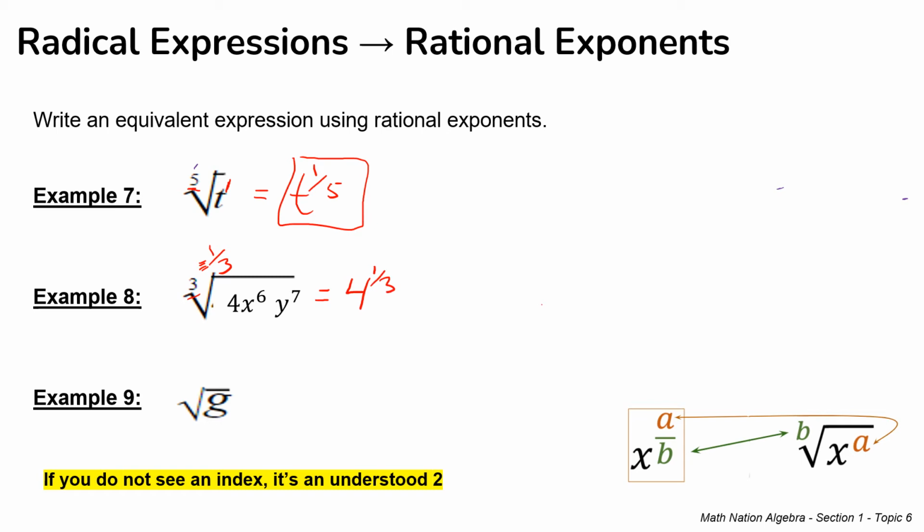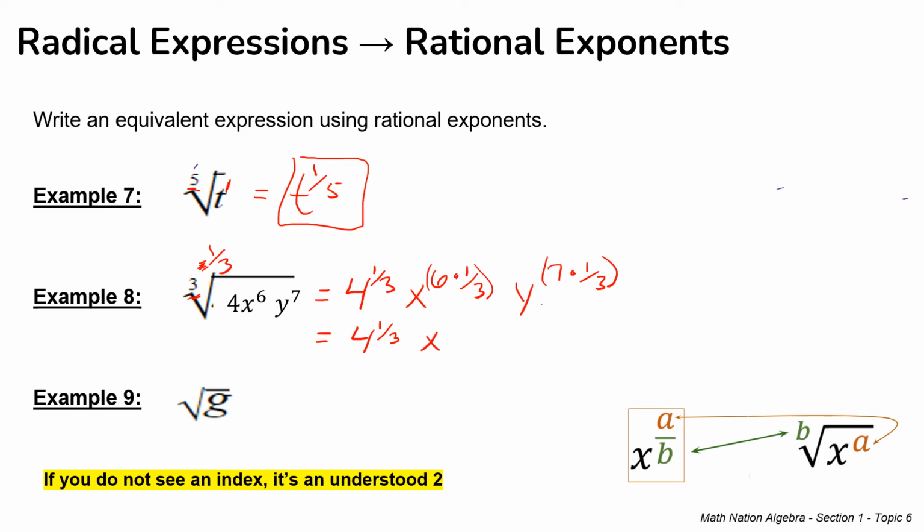Now I'm applying that 1/3 to the x to the 6. So that would be x raised to the 6 times 1/3. I'm multiplying all of my exponents here. And then I have y to the 7 times 1/3. I'm multiplying all of my exponents by 1/3 again, because when you have an index of 3, that is the same as raising it to the 1/3 power. Now I'm just going to simplify. 4 to the 1/3, I leave that because I don't have anything else to multiply.